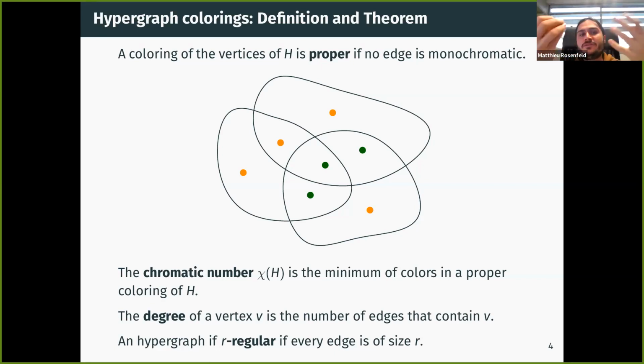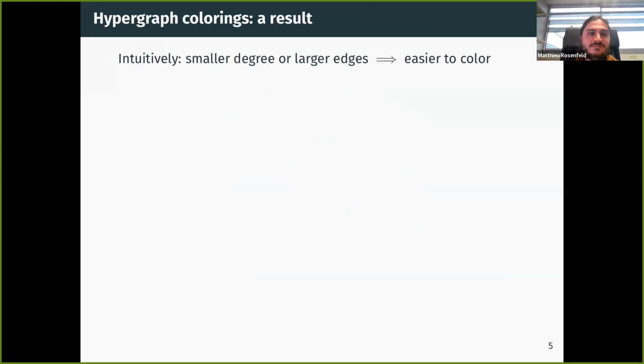So it's going to be harder to use this vertex to fix a big proportion of the edges that contain it. Now, if on the other hand an edge increases in size, if it contains more vertices, then it's going to be easier to contain at least 2 different colors inside this edge. So basically, a large degree is not really good if I want a small chromatic number, and a small regularity is not really good either. So intuitively, smaller degree or larger edge means it's going to be easier to color my hypergraph.